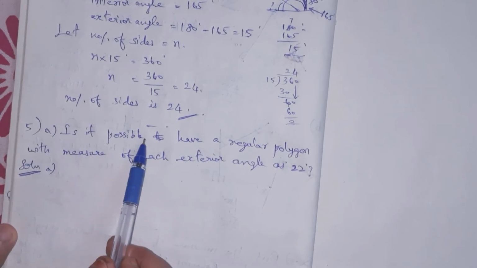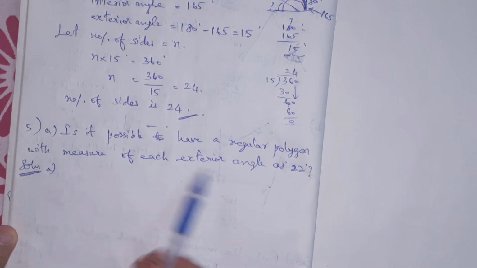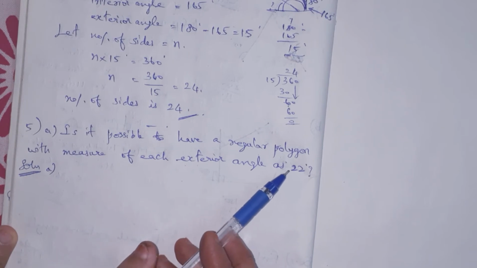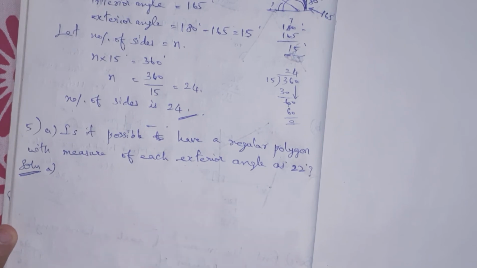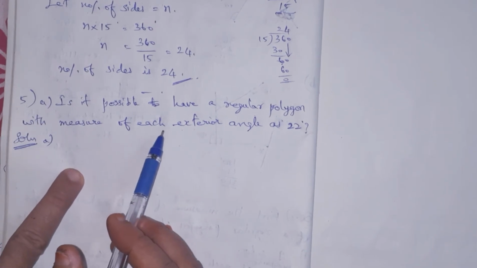Fifth sum, A sum. Is it possible to have a regular polygon with the measure of each exterior angle as 22 degrees? Is 22 a divisor of 360?